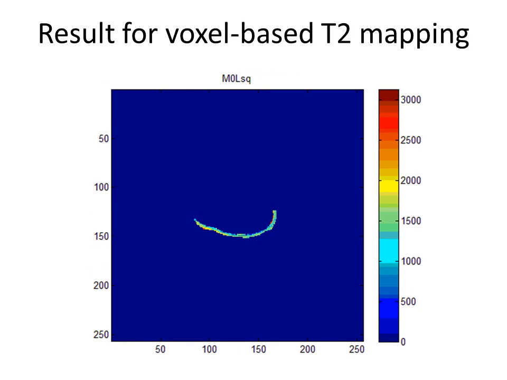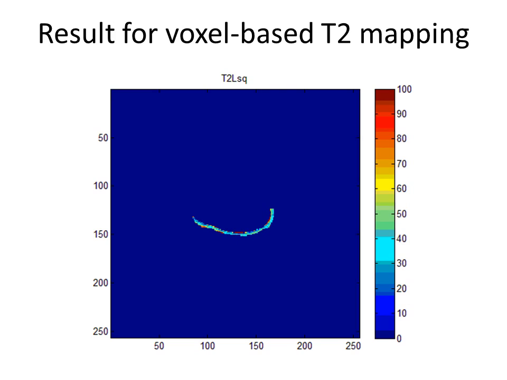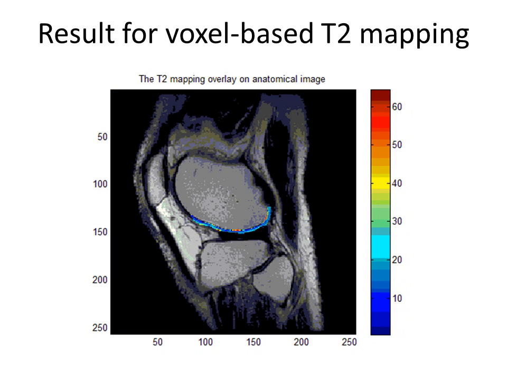And these are the M0 map and T2 map after the least square estimation. We can see that the average T2 value in the T2 map is around 30 to 40 milliseconds. And also this is the T2 mapping overlaid on the anatomic image. Here I want to mention that the data provider has normal knee cartilage.